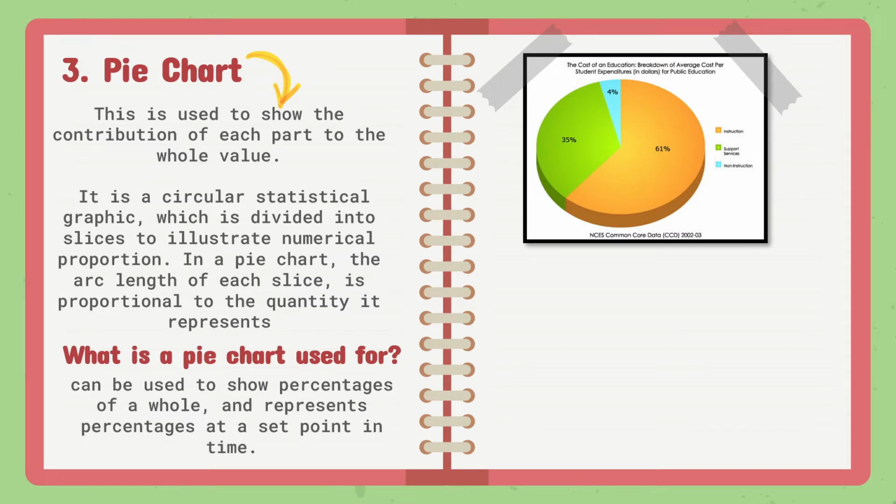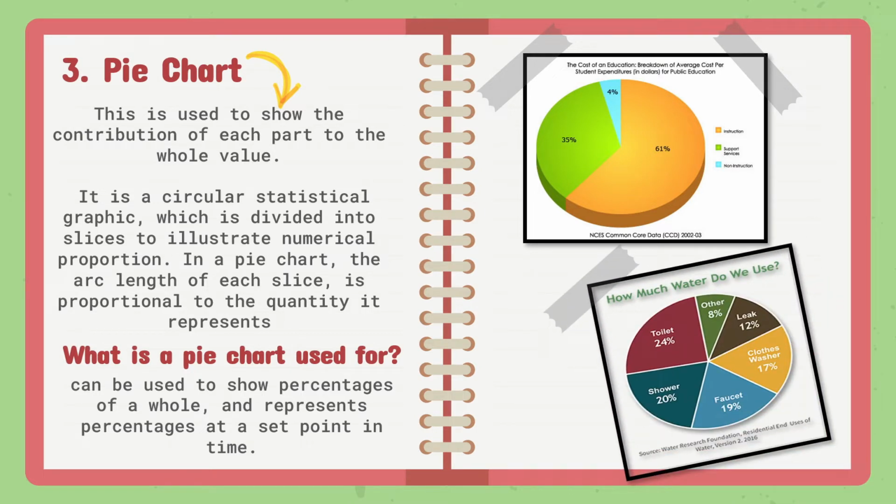In this example, the cost of an education, the breakdown of average cost per student expenditures for public education, we have 61% for instruction, 35% for support services, and 4% for non-instruction. As stated there, in a pie chart, the arc length of each slice is proportional to the quantity it represents.